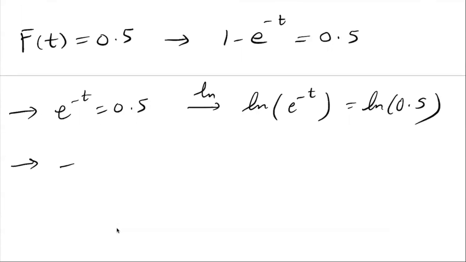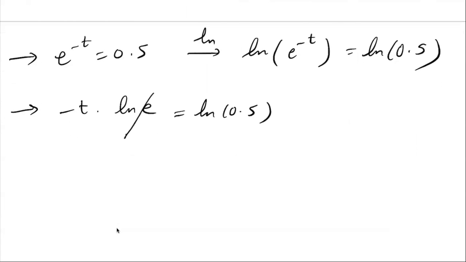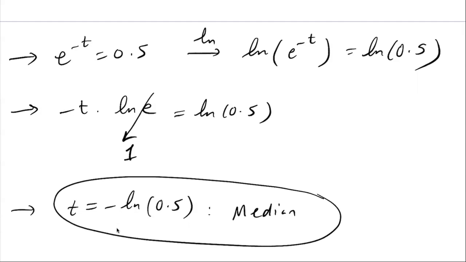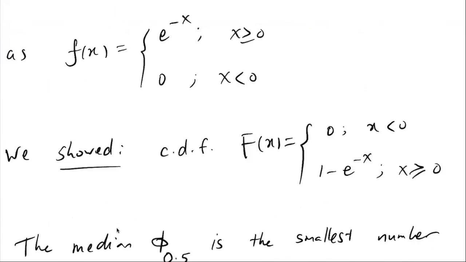Minus t ln e equals ln 0.5. ln e is 1. So t will be minus ln 0.5. So this is the median. This is for the median.